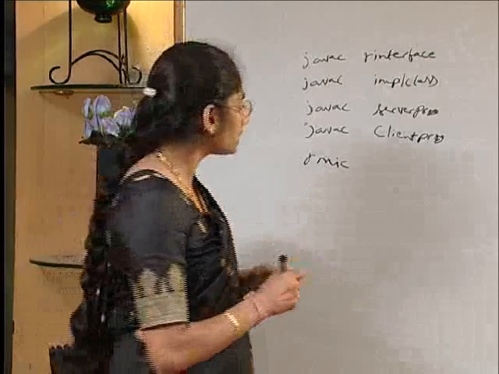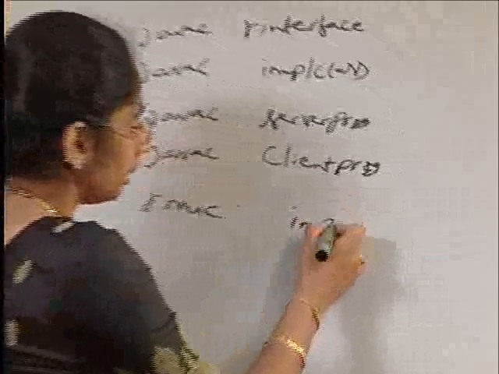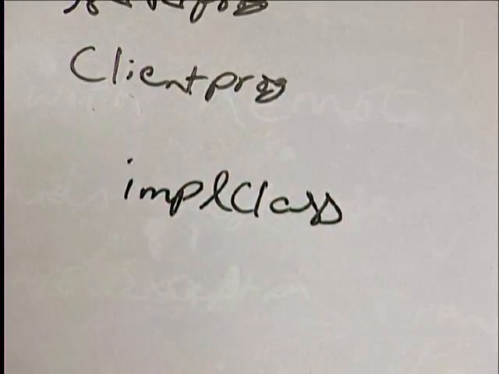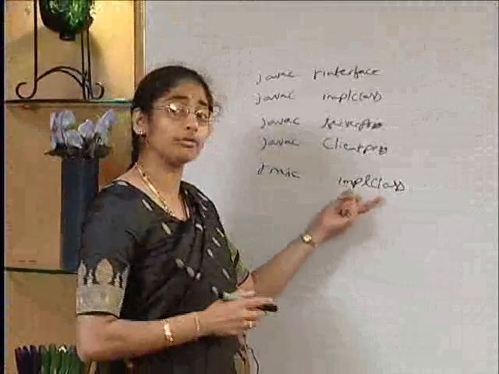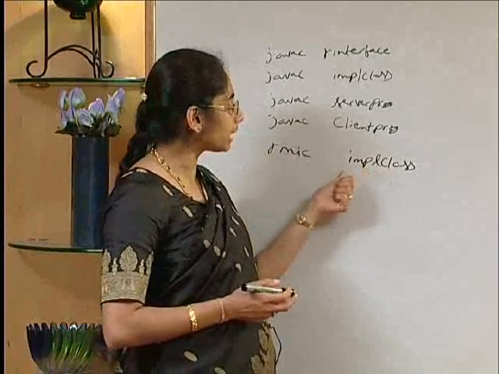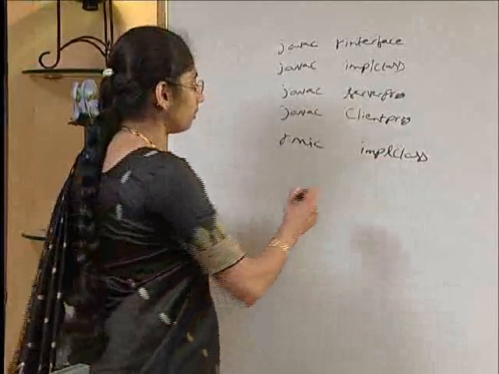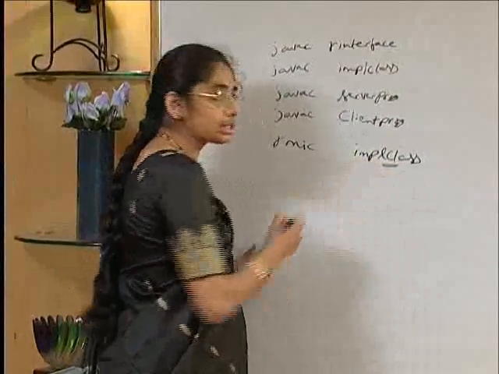So we say RMIC followed by the implementation class. Do not give the extension .class, just give the implementation class. If this implementation class happens to belong to a package, then you have to say package name dot the class name.